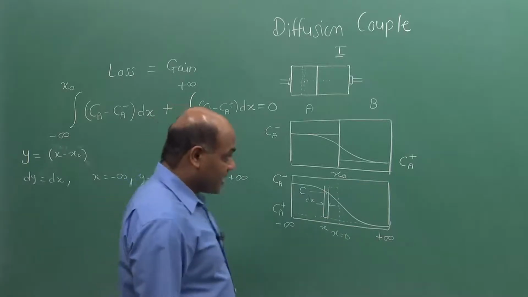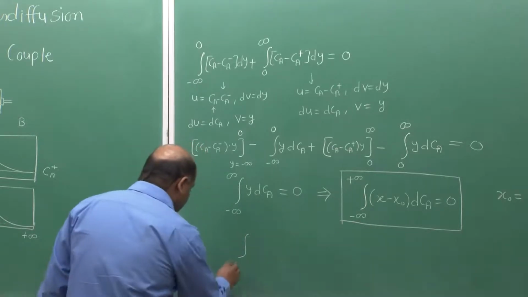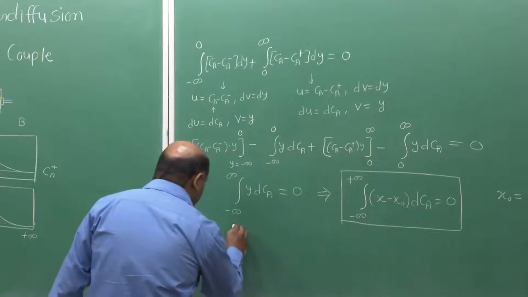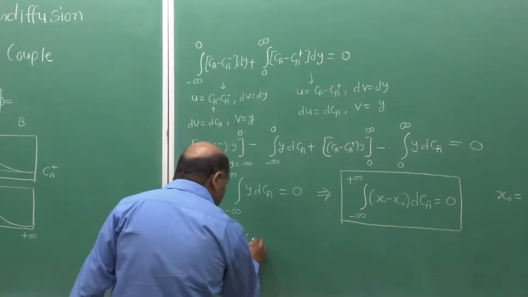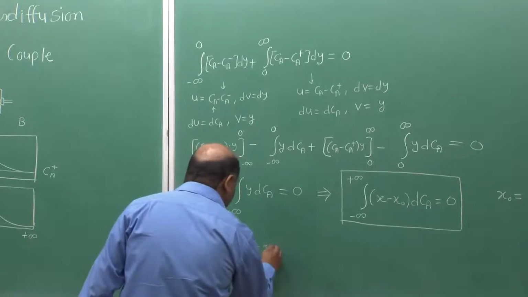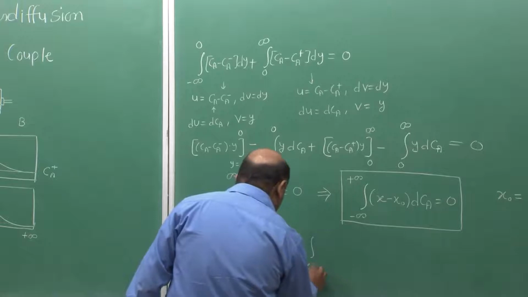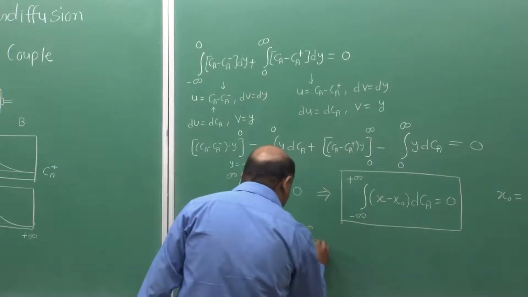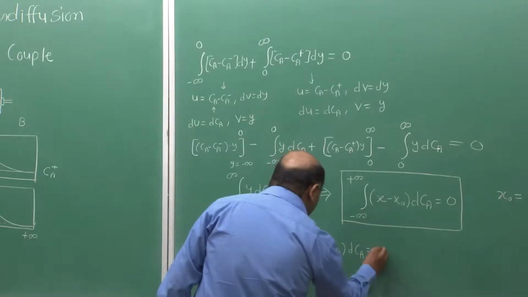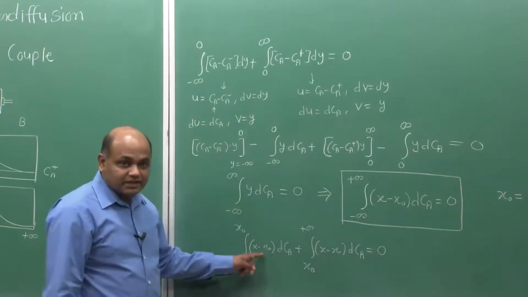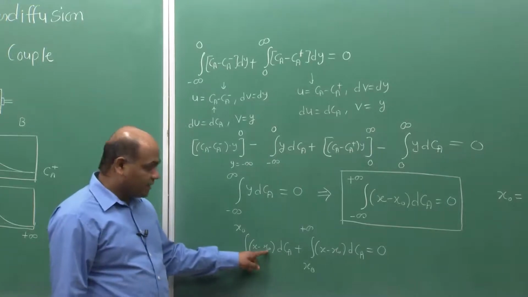If we again write this equation, if we split this integral at x naught, we can write the integral from minus infinity to x naught of x minus x naught dCA plus the integral from x naught to plus infinity of x minus x naught dCA should be equal to 0, and this integral is nothing but the area under the curve plotted onto the plane x naught.